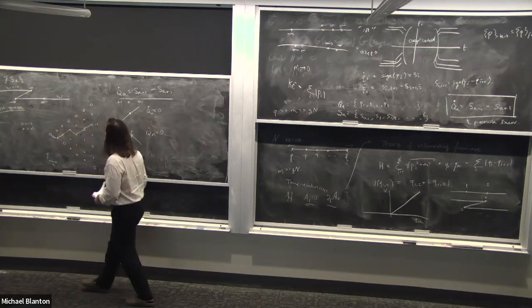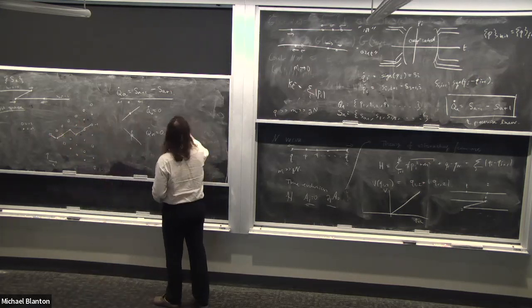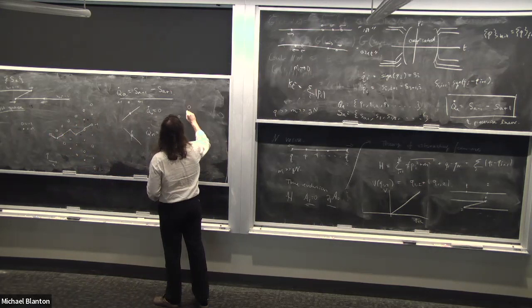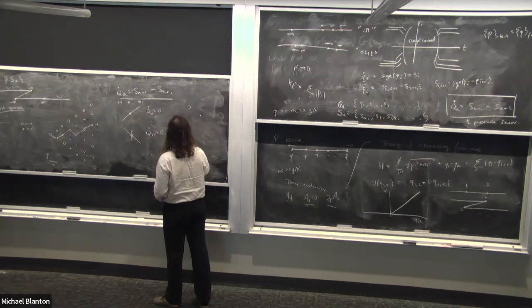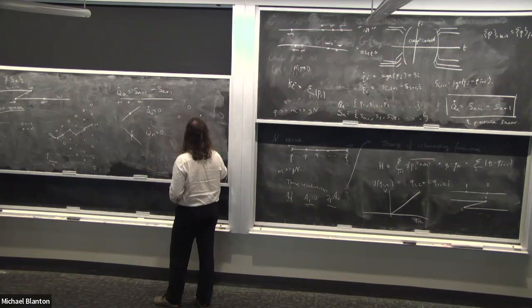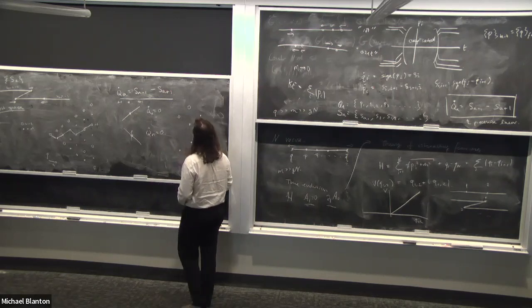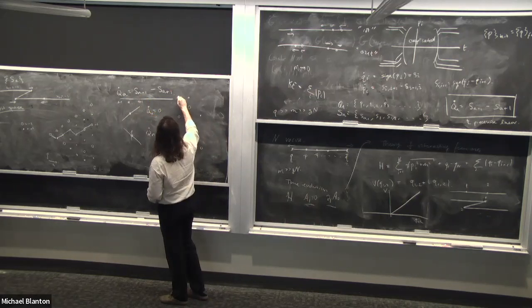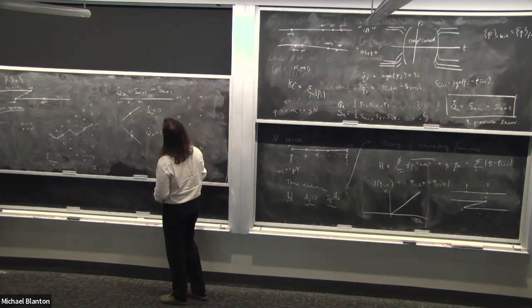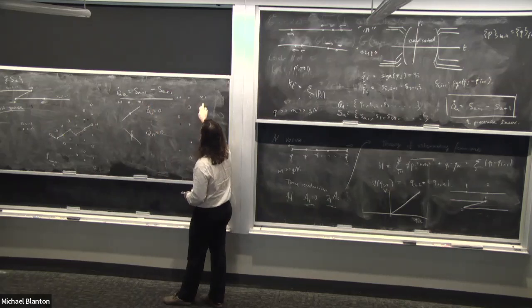And I have two possibilities to consider. I either have this possibility, or I have this possibility. Again, this is a minus 1, a plus 1. A minus 1 is minus 1, minus minus 1. So I find that Q dot is minus 2.